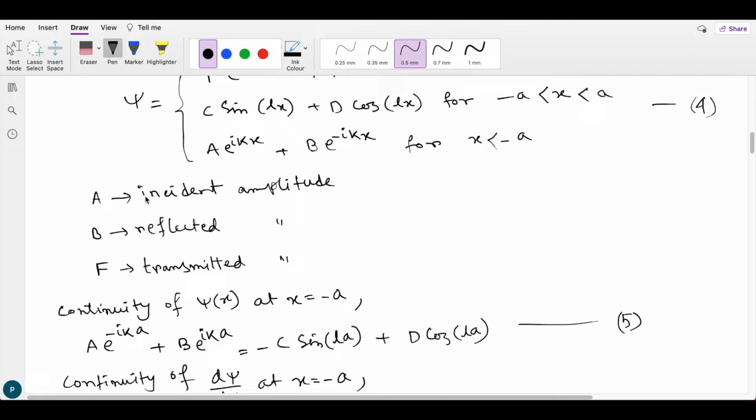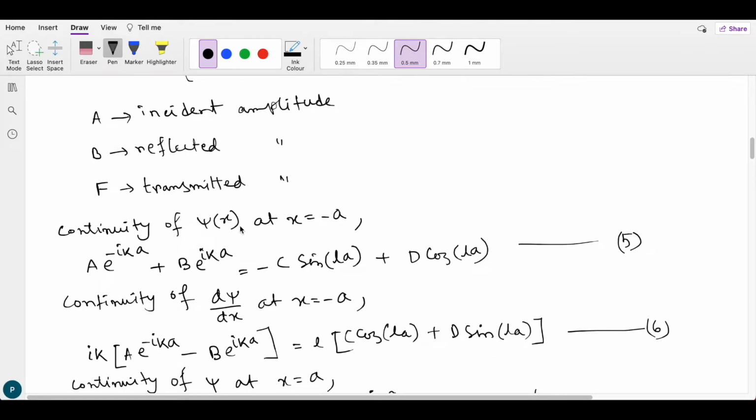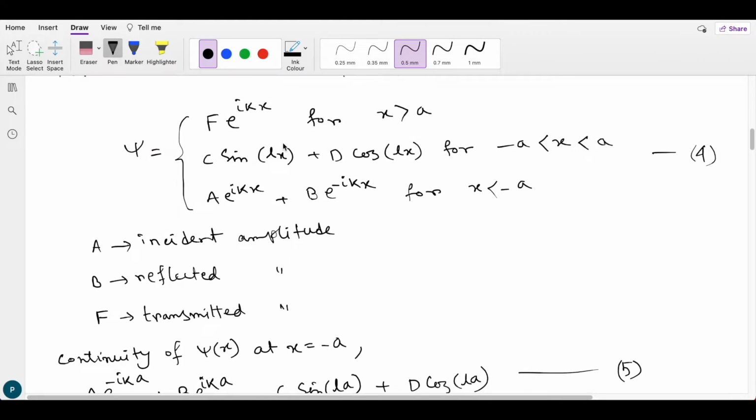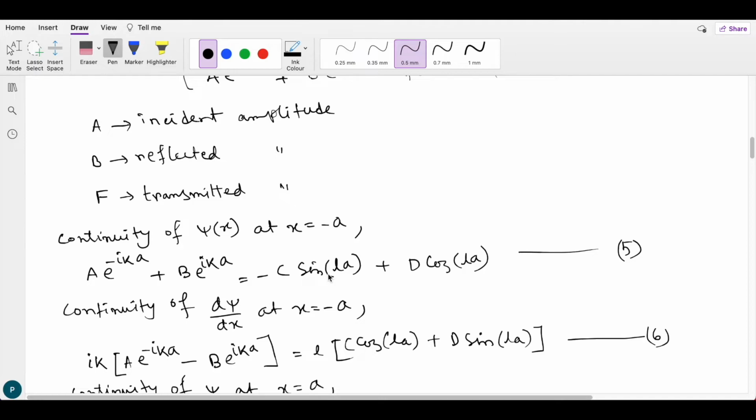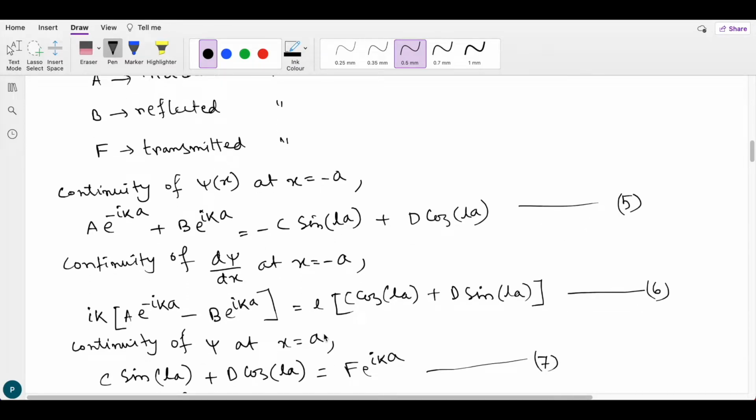Continuity of psi at x equals minus a gives, we just have to put x equals minus a in this equation, the sin, cos and A, B equation. We get equation 5. And here the potential is finite, so the continuity of the first derivative of psi at x equals minus a gives equation 6.